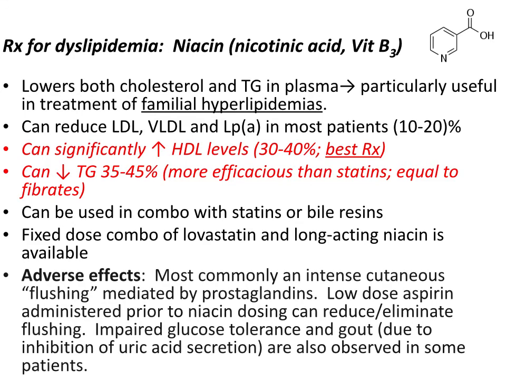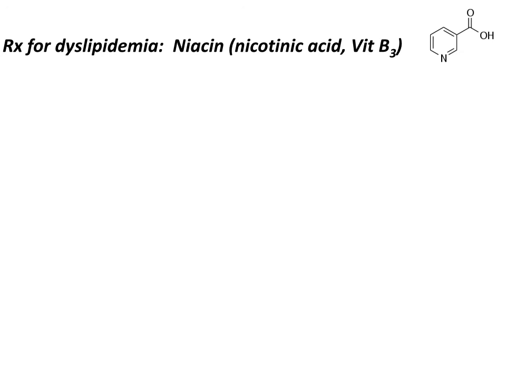Adverse effects. How many of you are aware of flushing reactions with some drugs? This is one of them. It can also cause impaired glucose tolerance and gout, which can be problematic. How does it work? Niacin has some complex mechanisms of action.